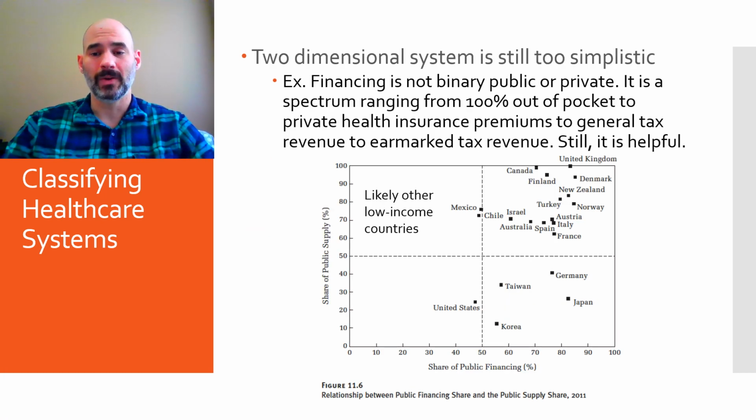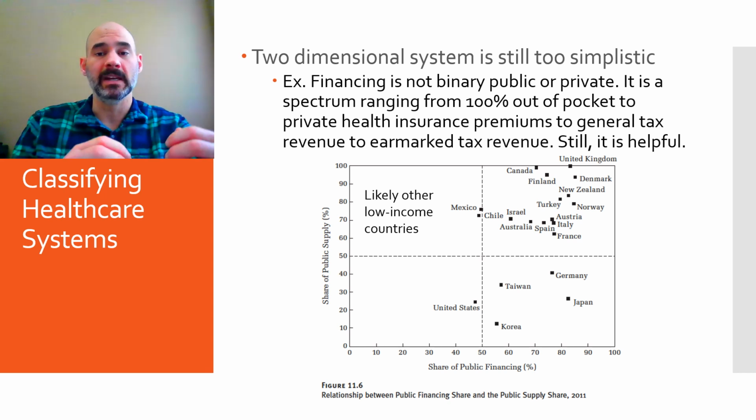And while this is still a little too simplistic, it is helpful. And so, simplistic because in reality, there's not this binary differentiation between public financing of healthcare and private financing.